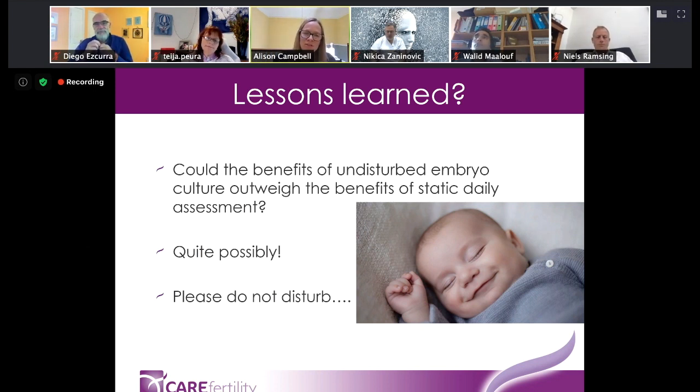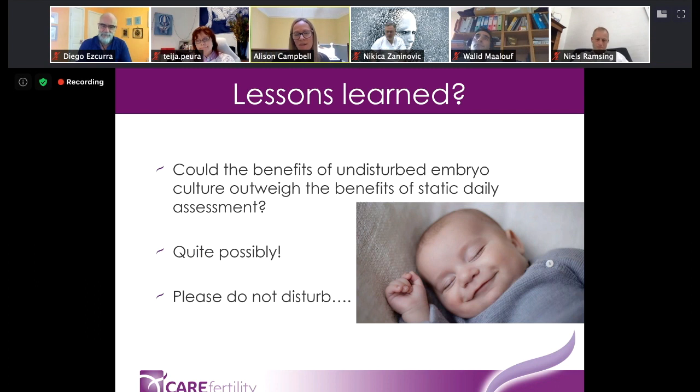And we question really whether the benefits of undisturbed culture are outweighing the benefits of these static daily assessments, particularly as we're learning that the timings aren't precise enough, and we could be missing things that really matter. So hopefully, maybe this time next year, we'll have more data to share with you on that, because standard practice is going to stay for some time.